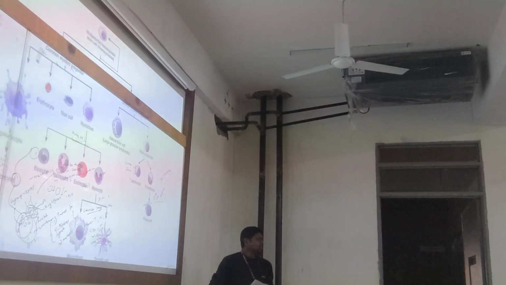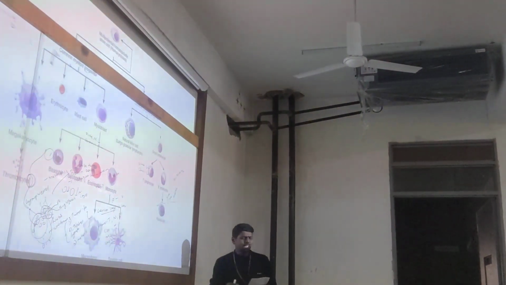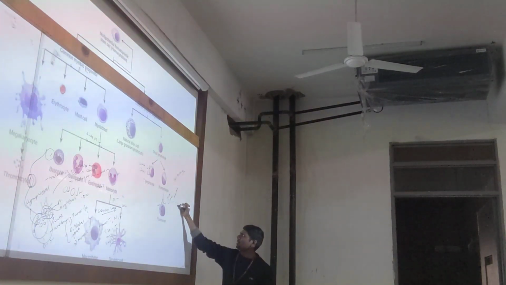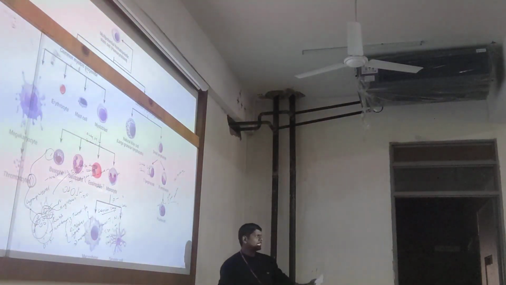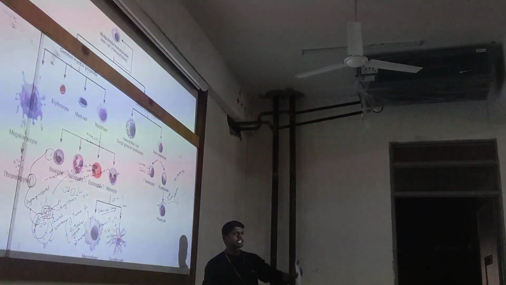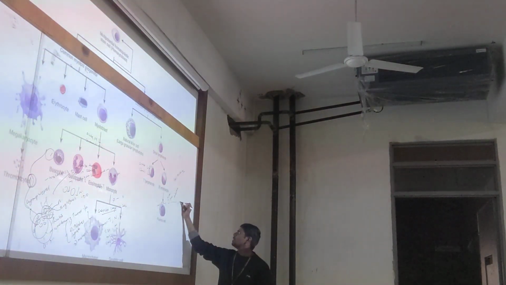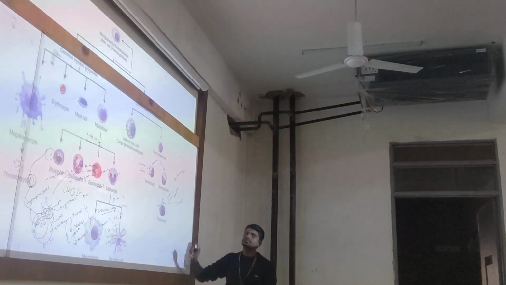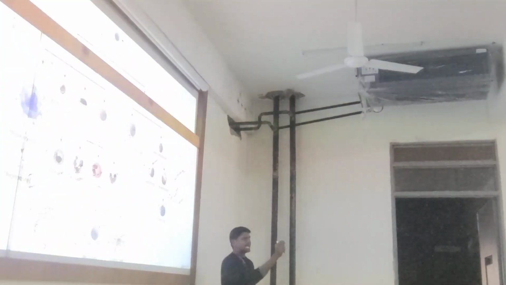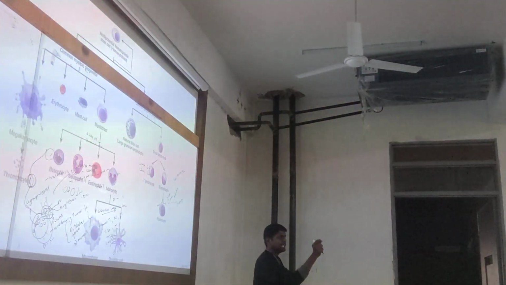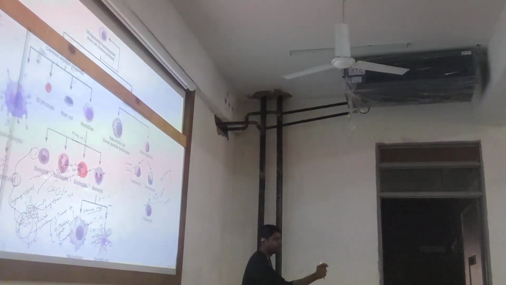Adaptation. Now, write down the types of adaptation. I will directly show. When the cell size is reduced during a stress, that is called atrophy.